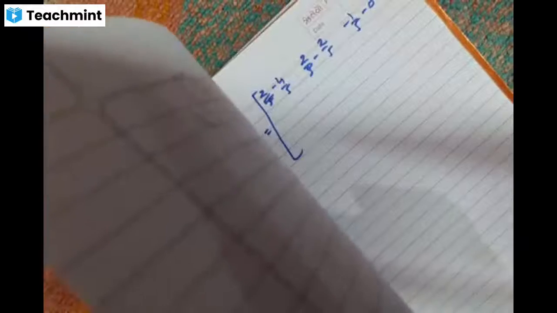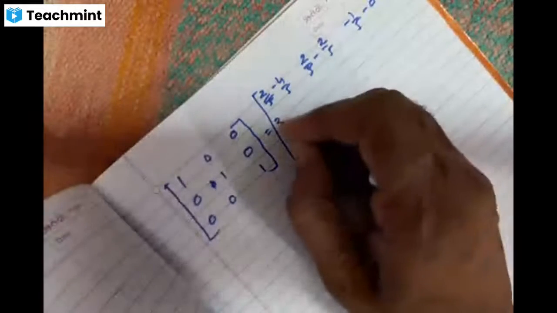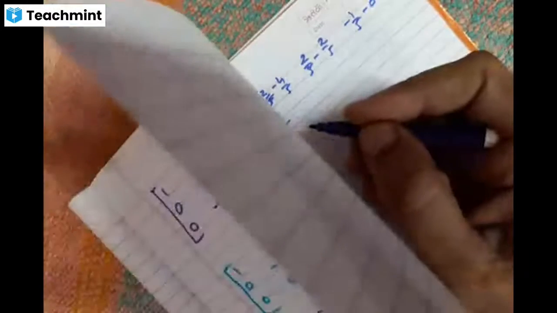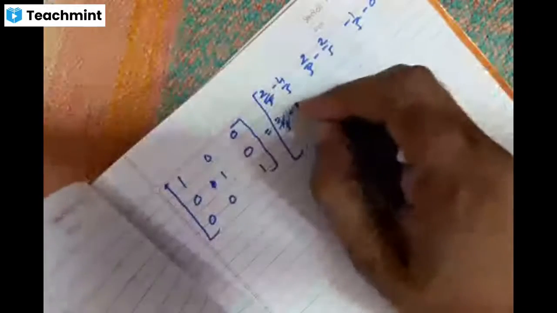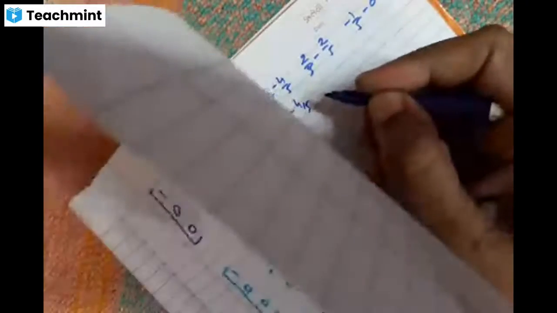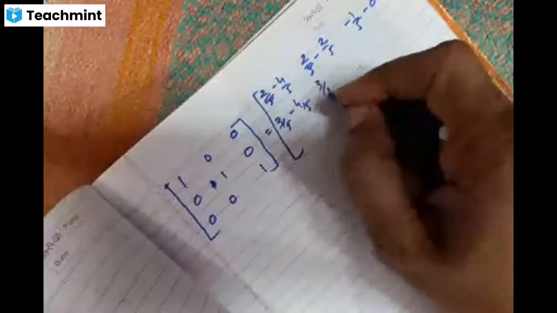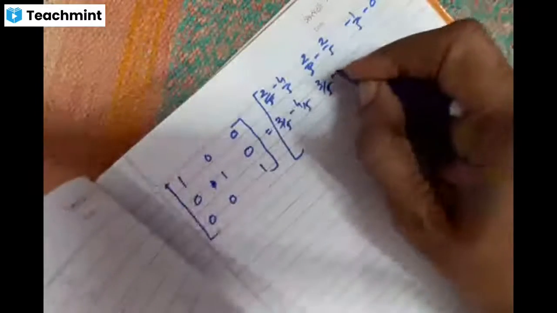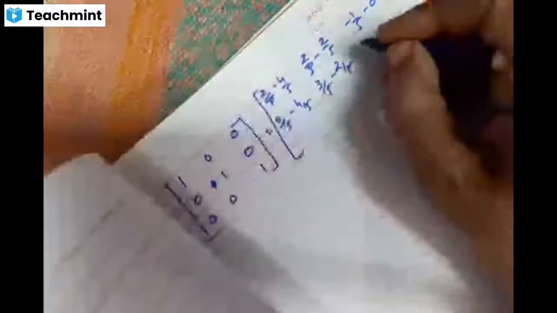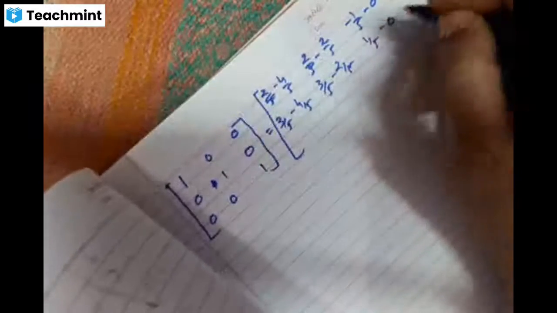Then the second row operation is 3 by 5 minus 4 by 5, then again 3 by 5 minus 2 by 5 and 1 by 5 minus 0.